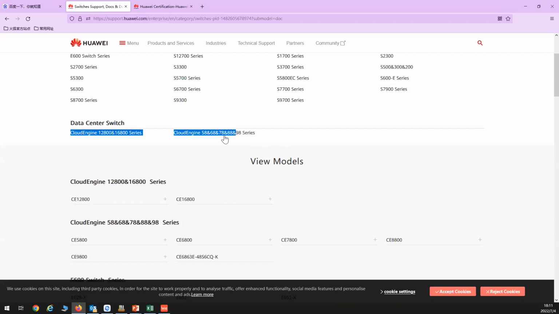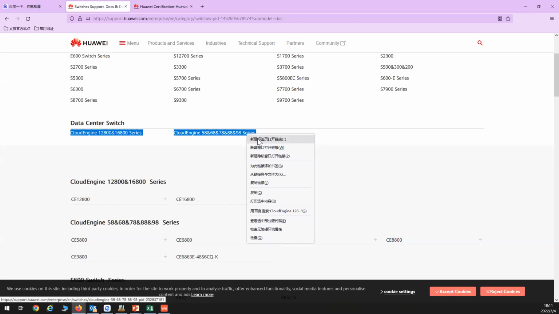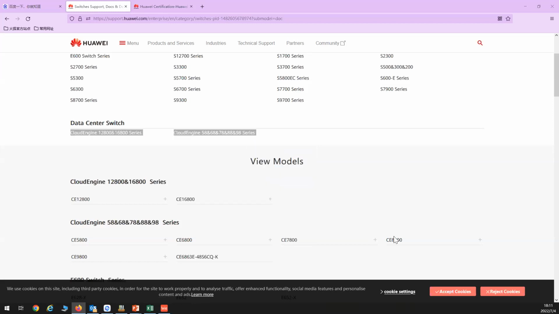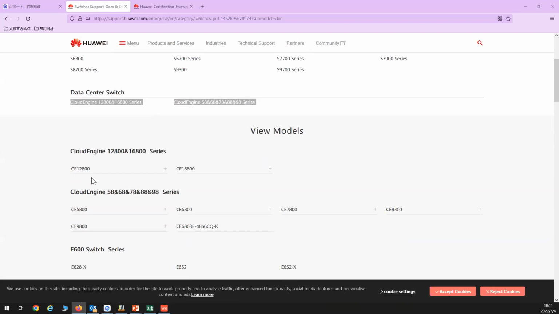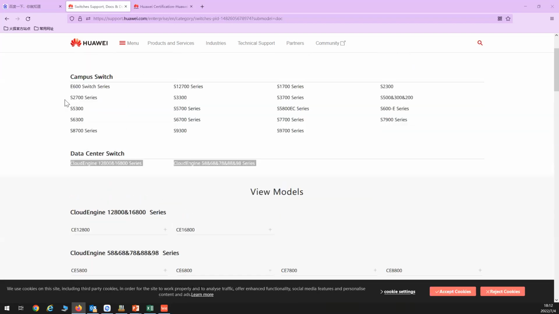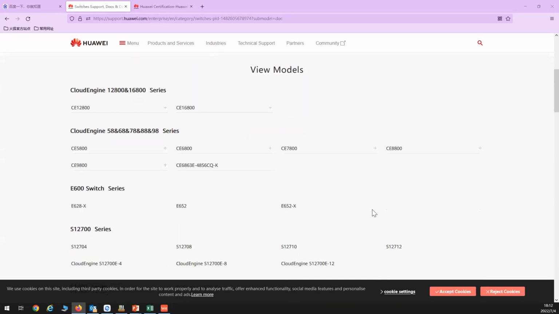You can see here only this type, CloudEngine 16800 and these two series, not all series, just these two series support the lossless network. For CE and S series switches, it is not supported. Okay, we have a break for 30 minutes.